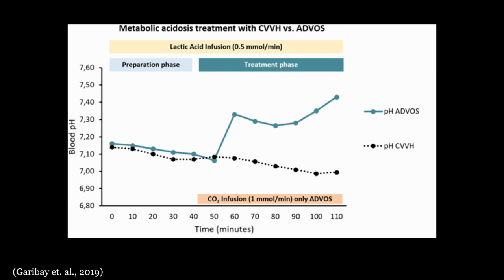Here is the first half of figure 1. I split it up so y'all could see it better. Here we are comparing the course of blood pH during treatments with the ADVOS system, and this is the pH of what we were usually doing. The CVVH was the normal way of treating this.